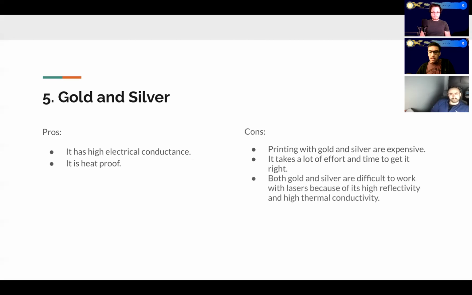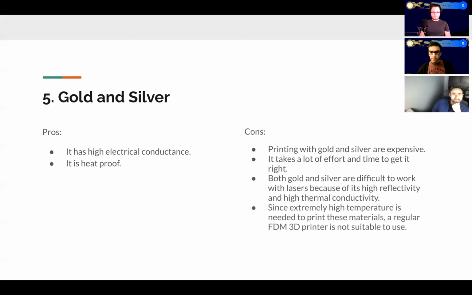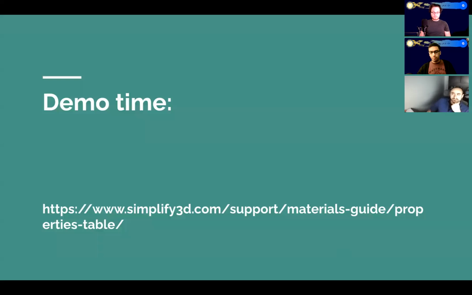They are also difficult to work with lasers because of the high reflectivity and high thermal conductivity of gold and silver. And in order to print this, you often need a different kind of printer other than an FDM 3D printer.